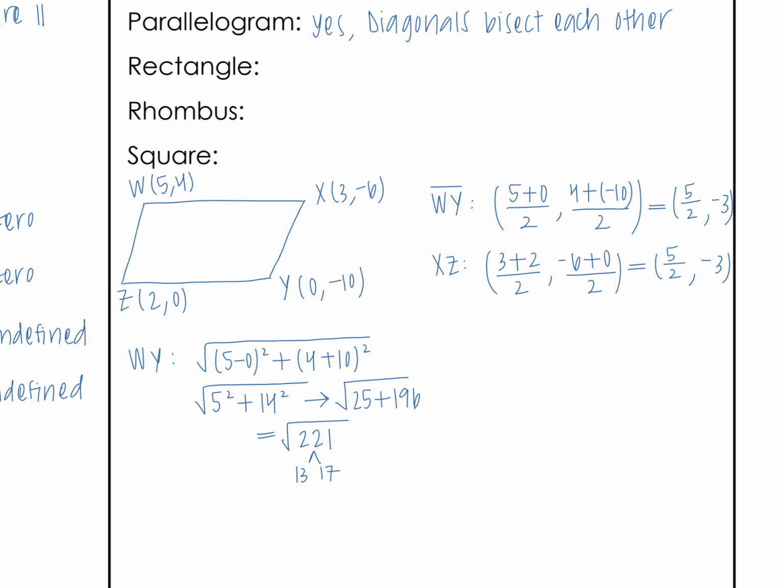Now let's check and see if we get the same thing for the other diagonal XZ. Okay, so taking the square root, we'll have that 2 minus 3 squared plus, and then we'll have 0 minus negative 6, so 0 plus 6 squared.